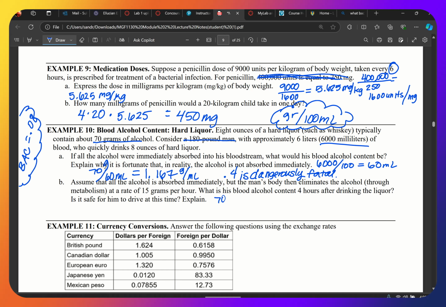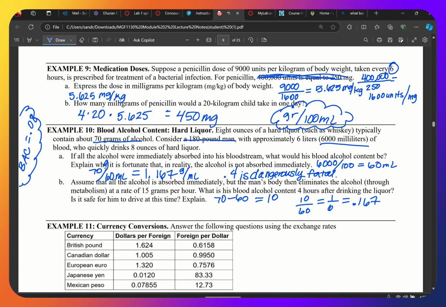So we started with 70, we lost 60, and now we have 10 left over after 4 hours, right? So 10 divided by 60 gives us 1/6, and 1 divided by 6 is 0.167.